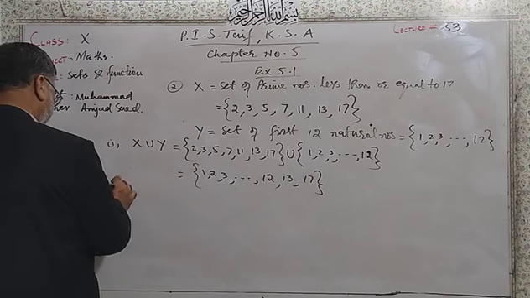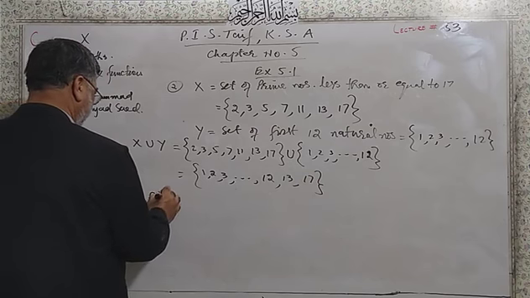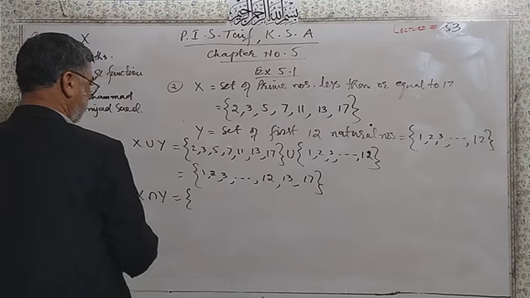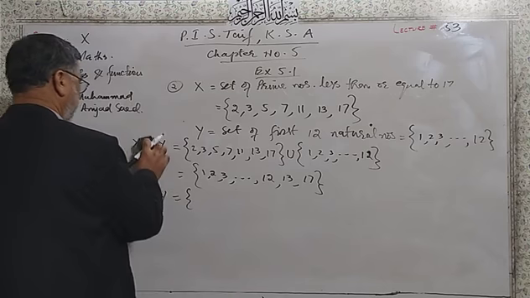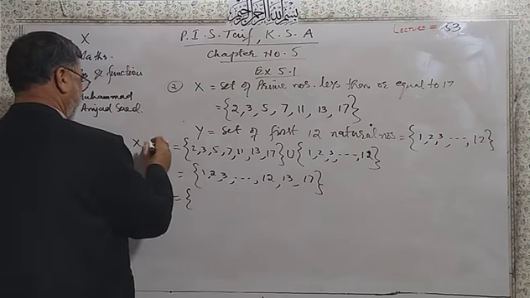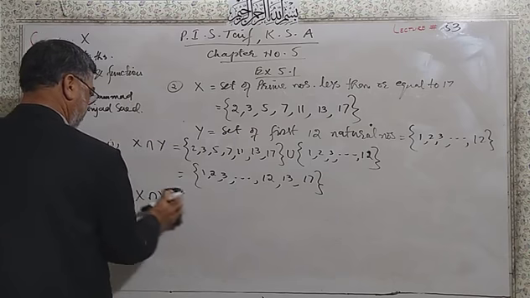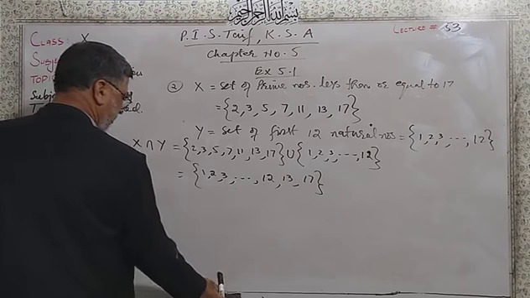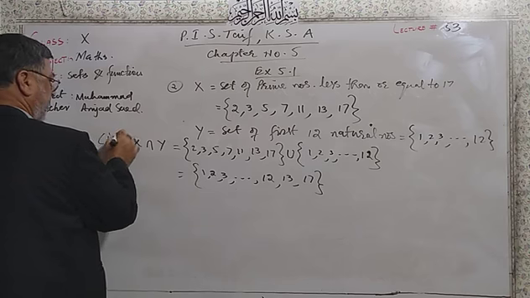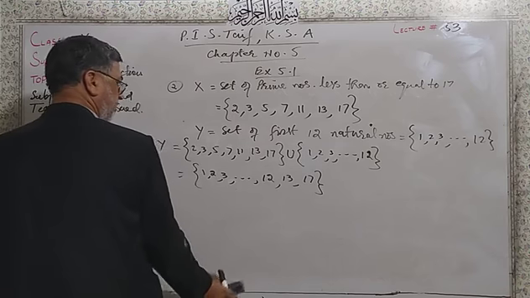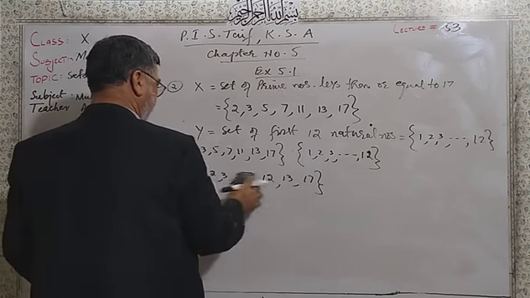After that, part number 4 is X intersection Y. We have already used the values.